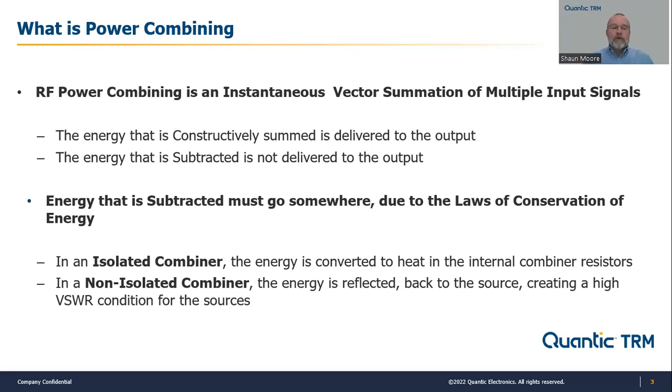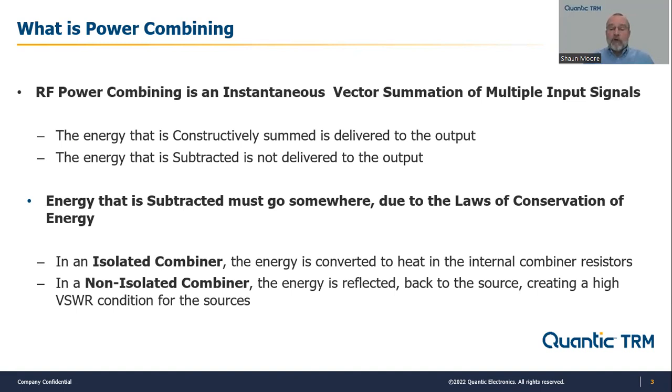Sure. So as we look at what power combining really is, we are instantaneously combining energy from multiple sources. And a thing to remember here is that when you're dealing with RF energy, everything's a vector. Therefore, it has a magnitude and a phase. The phase component of that vector can mean that the energy will either combine together coherently, or it will be out of phase, in which case some of the energy will be subtracted and some of it will be added.